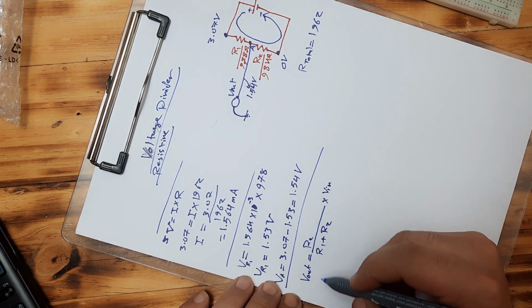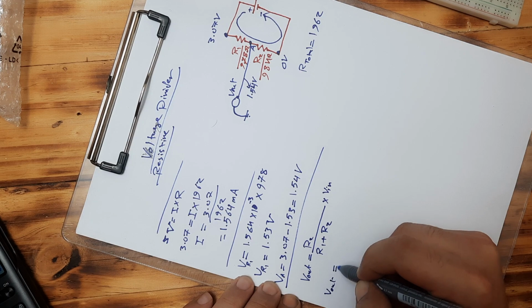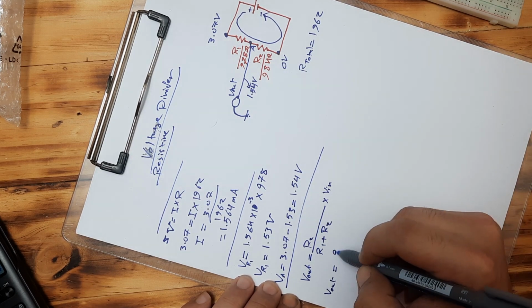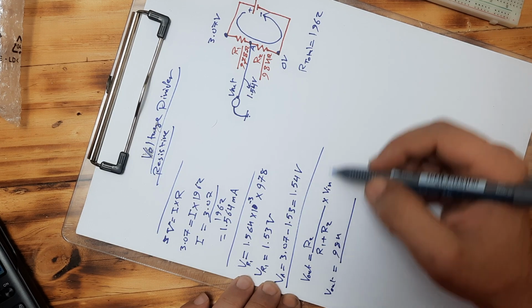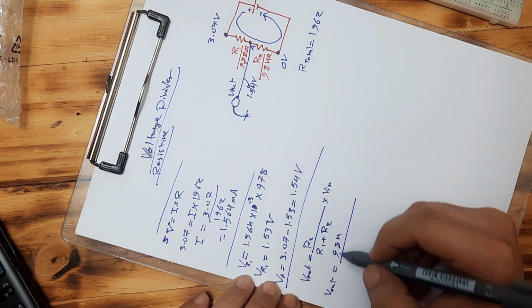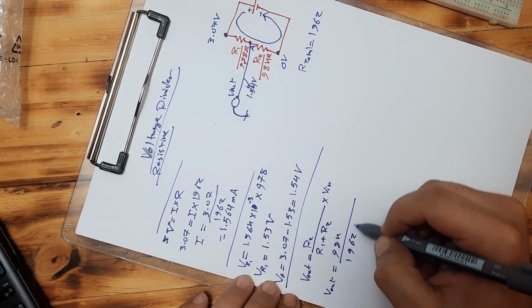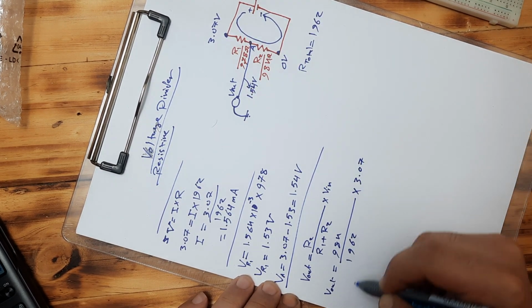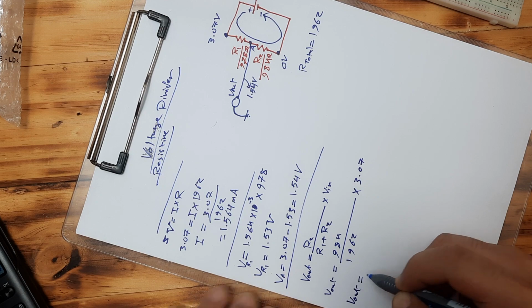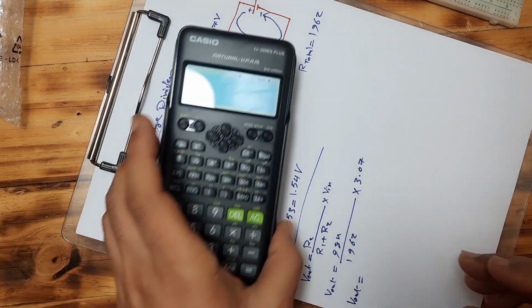So if we use this calculation, Vout equals R2, which is 984, divided by R1 plus R2, which is 1962, times Vin, which is 3.07.